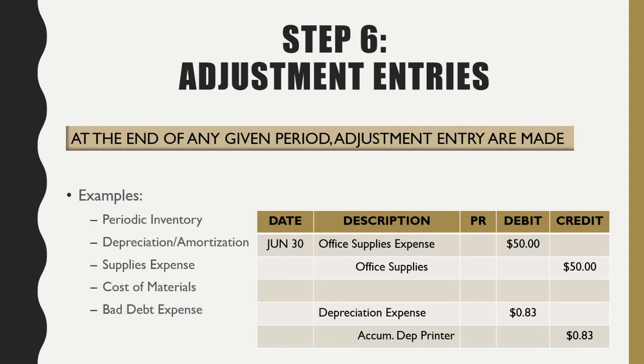We're also going to learn about cost of material, and then also anything that has to do with bad debt expense. And we will get to practice that today because in reality, if you are allowing your customers to have the option to owe you money, you have a 5% risk that you may not get that money back.